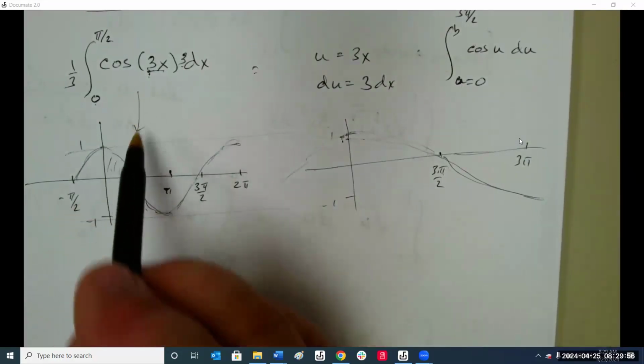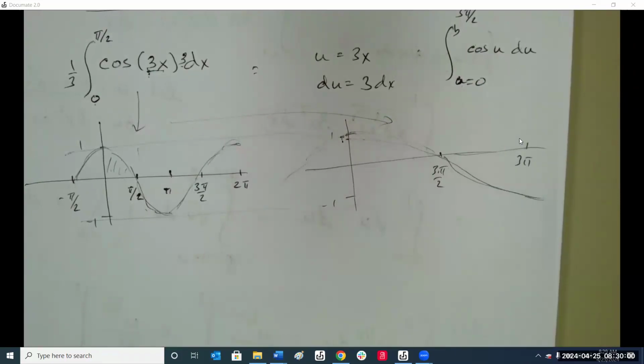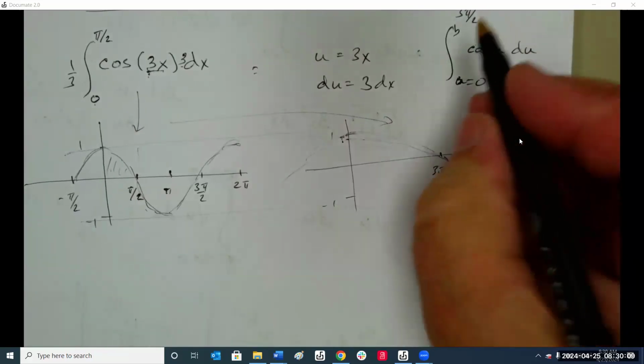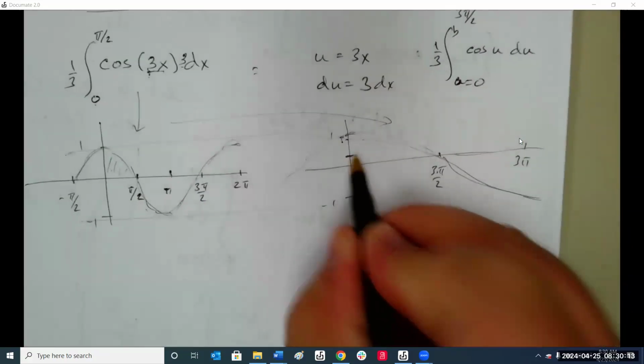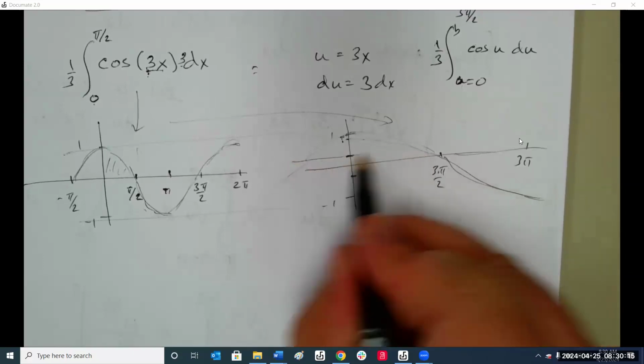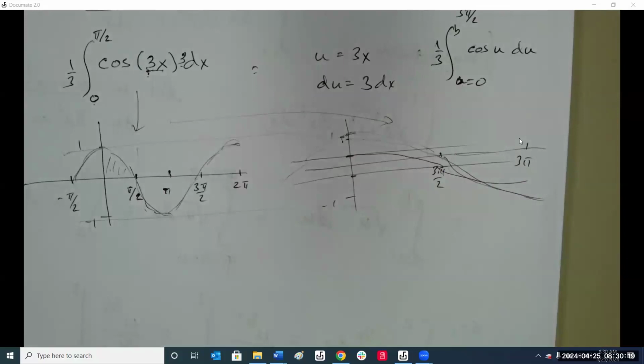Our original function converted to this one. So it'll be some sort of horizontal stretch or constriction, or it may even be vertical. But we also have a 1/3 out here. So our graph is a lot less.